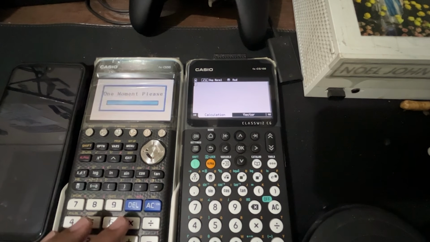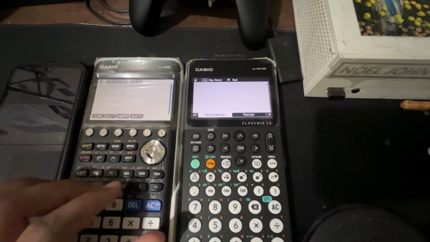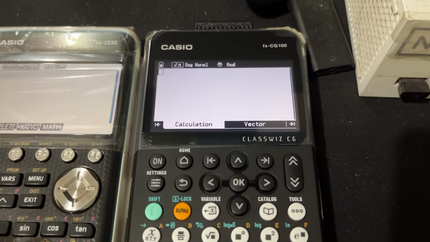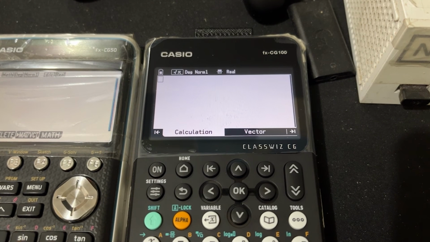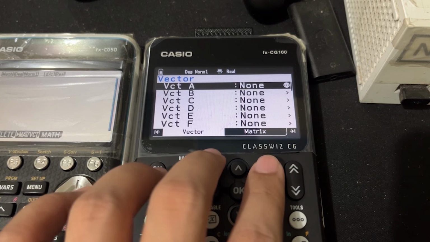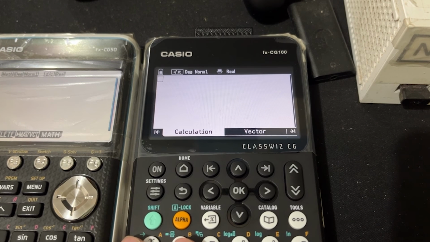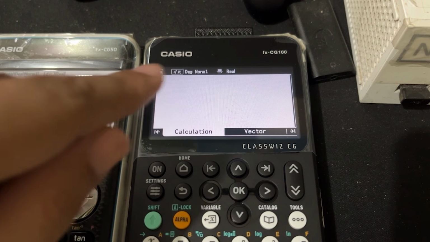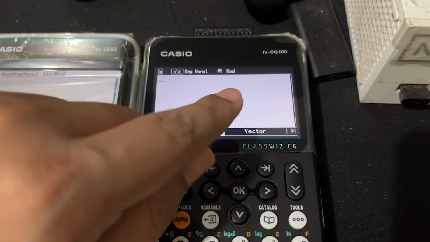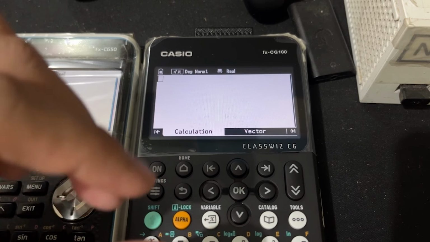This one is 1, and the menu graphs. Yeah, see right there, the vectors. You have the vectors, matrices, and there's one. I did not know this, that the default one is degree, normal, real. It's like a factory reset or something.